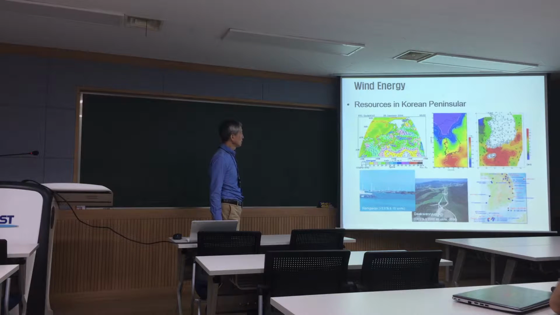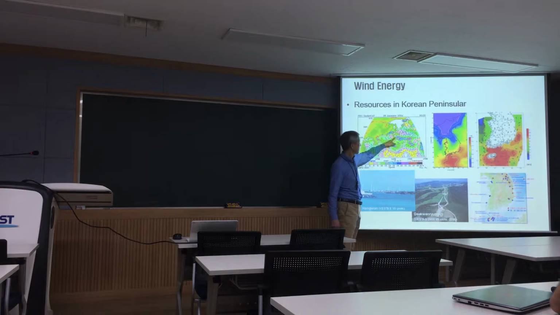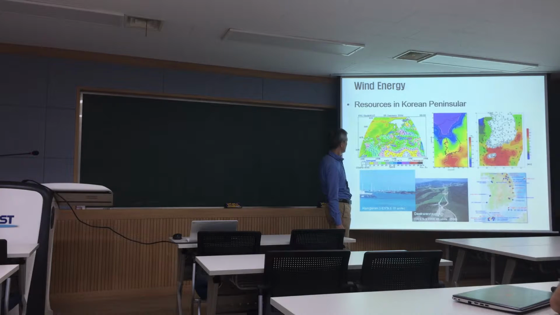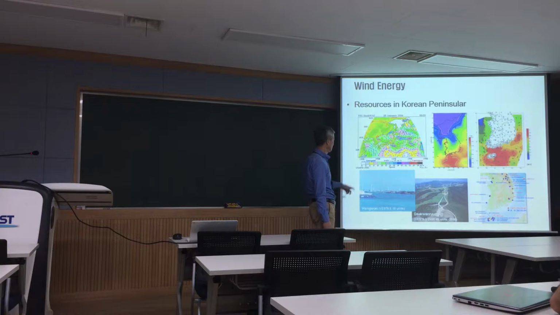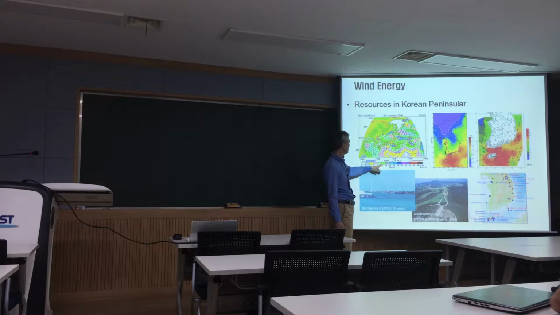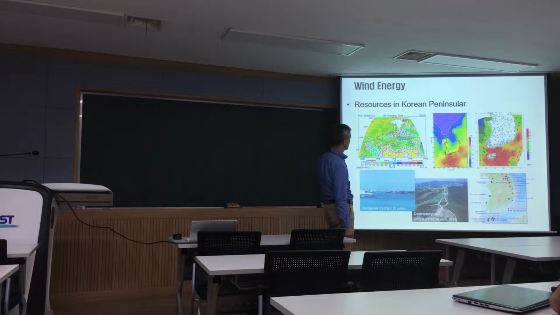Wind energy around the Korean Peninsula. Here is the Korean Peninsula, and here is Japan and China. You can see the red part is high energy, high speed of wind, so the wind around the land side or around the Korean Peninsula is not so high compared to something different.